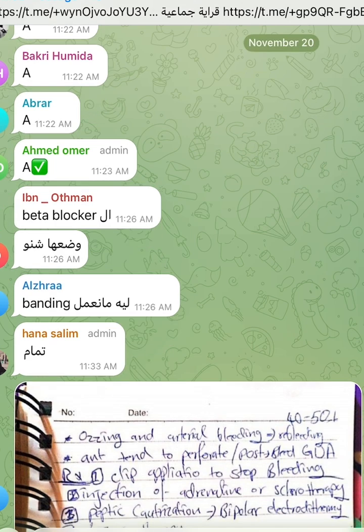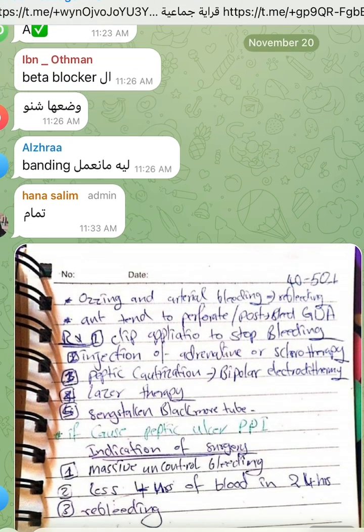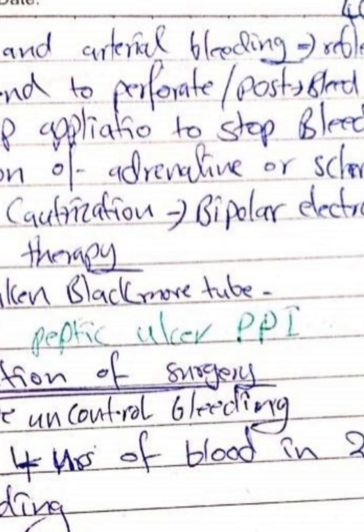Yes, someone is having. These are the notes. Oozing, arterial bleeding, rebleeding, anterior to perforate, posterior, gastroduodenal, clip application to stop bleeding, injection, adrenaline, sclerotherapy, bipolar cautery, laser therapy, Sengstaken-Blakemore. If cause of peptic ulcer, PPI, indication for surgery.